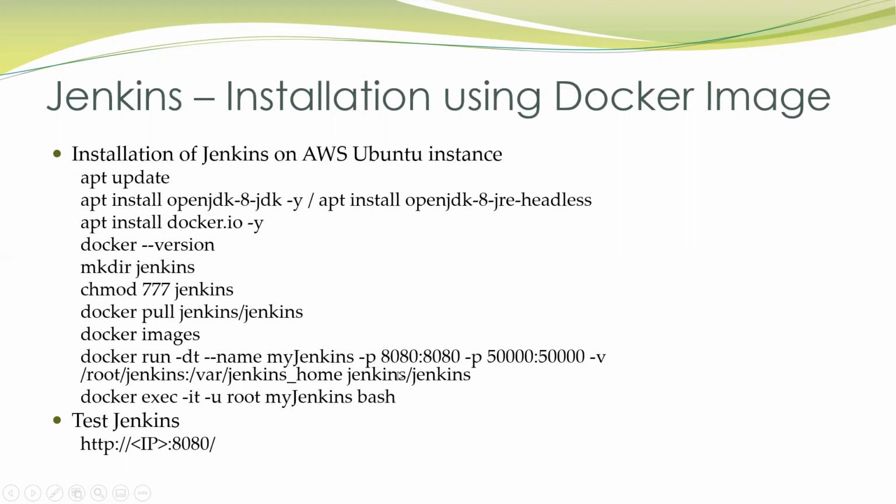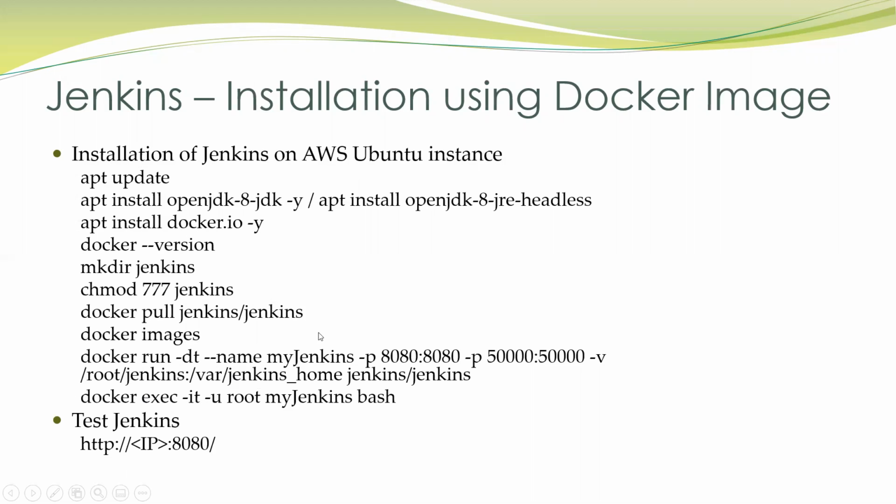I will show you this when we create the containers. If you want to go inside this container, we can use docker exec -it -u root my Jenkins bash, and directly we will go in that container. After that we need to test Jenkins. So let's go and start the demo.